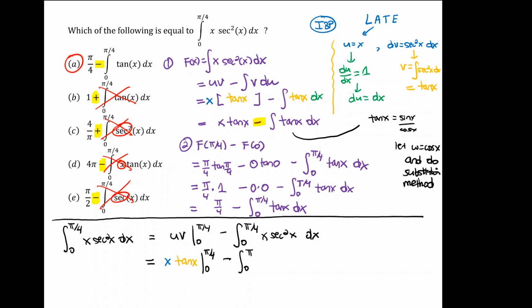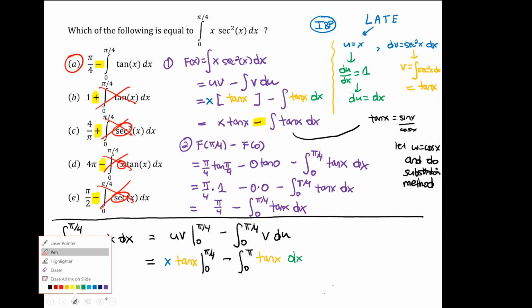What am I doing? It's v du. Sorry about that. Okay, so v times du. v we have is tan of x. du we have as dx. Okay, now we do the evaluation step.